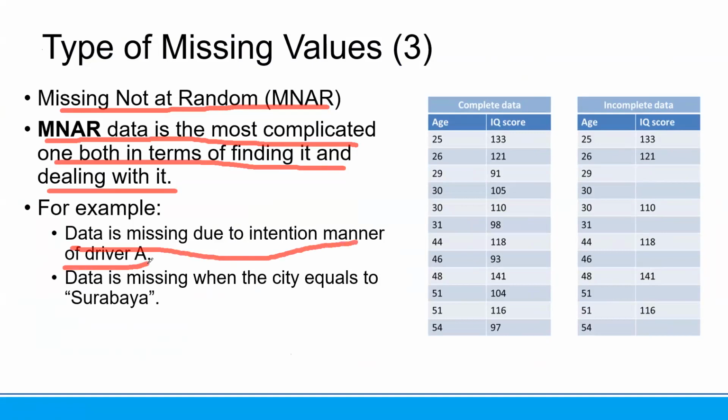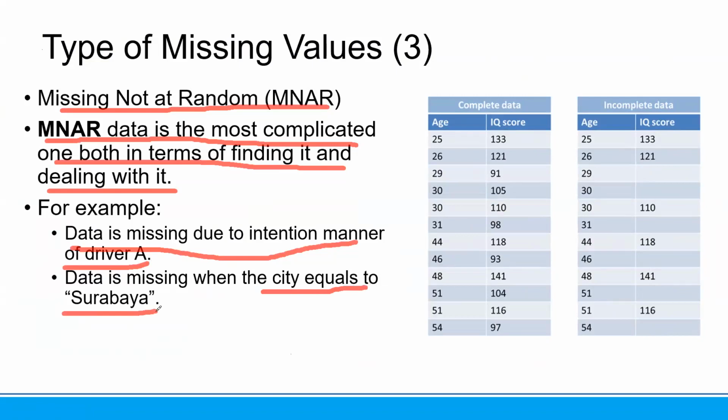So when you see there is missing data, the missing data always happen because of driver A. Then it is unintentionally missing data. Or maybe data is missing when the city equals Surabaya. So Surabaya is a city name in Indonesia. Maybe because of the city name, there are a lot of missing values.